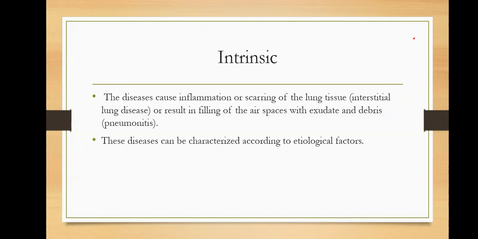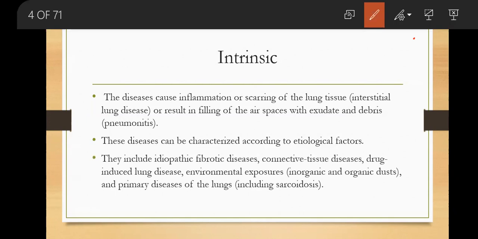According to the etiology, there are 5: one, idiopathic fibrotic disorder; two, connective tissue diseases; three, drug-induced lung diseases; four, environmental exposure, inorganic and organic dusts; and five, primary diseases of the lung, like sarcoidosis.